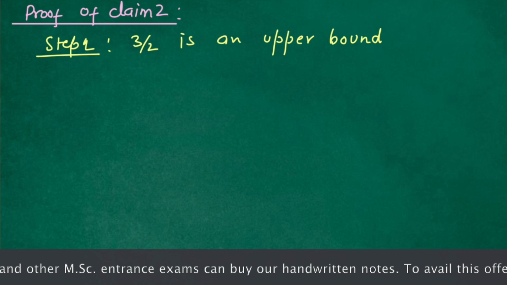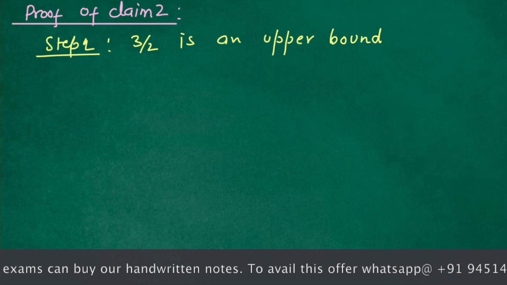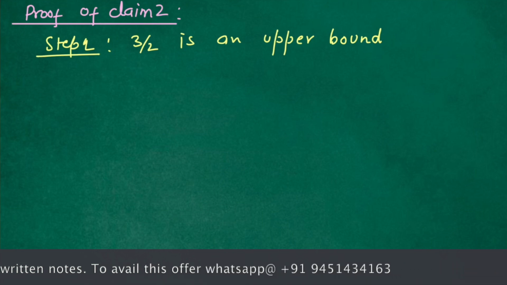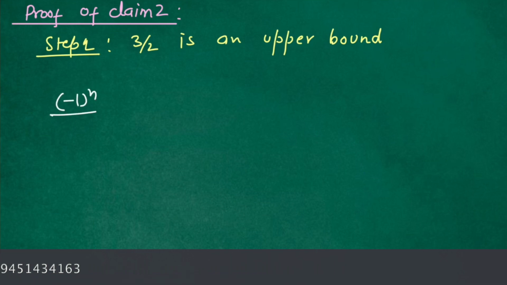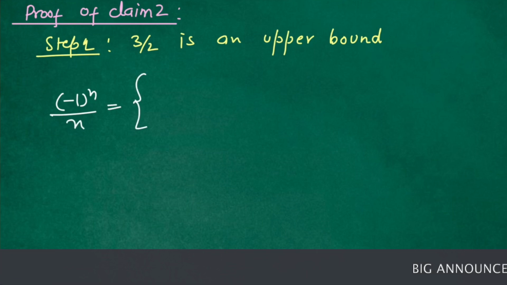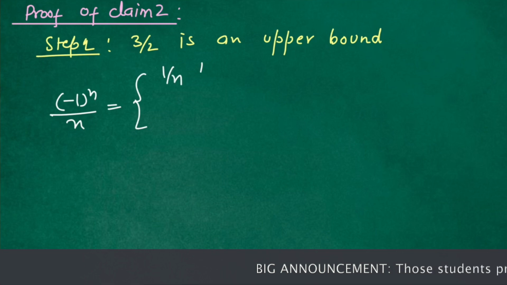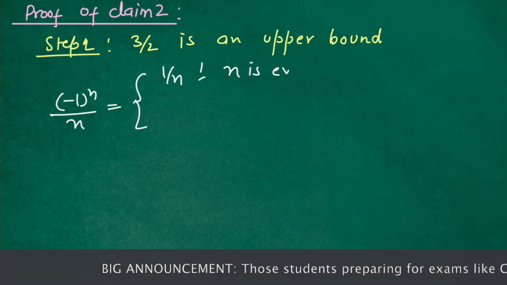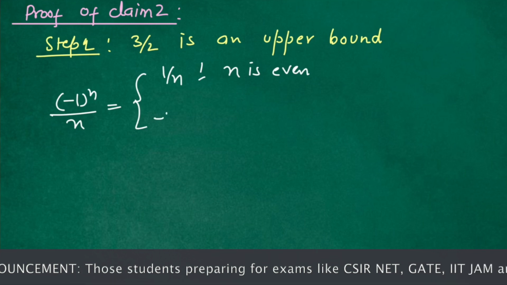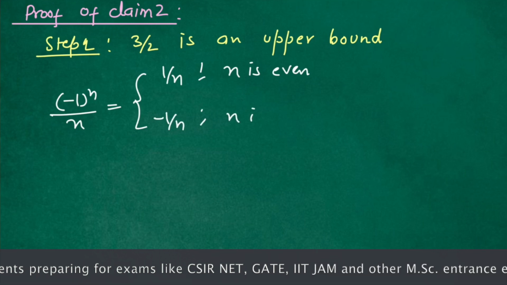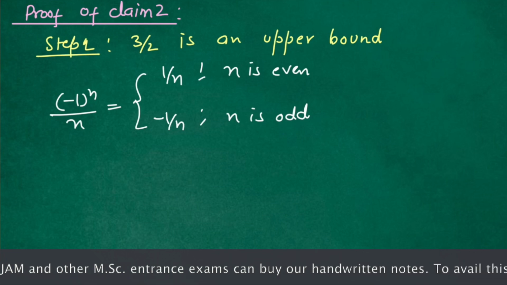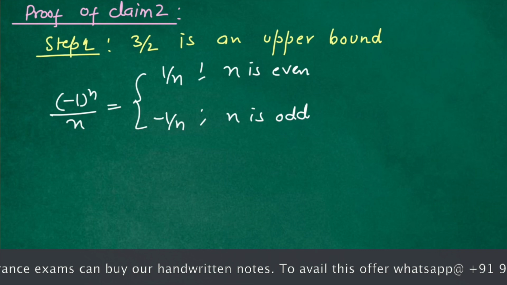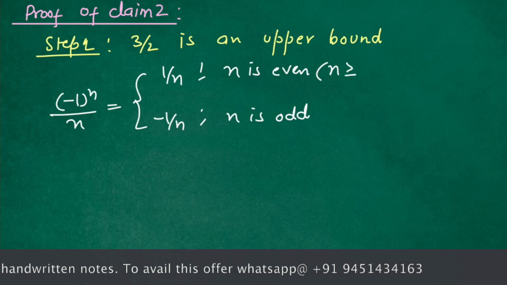This term minus 1 raised to power n over n will be 1 over n when n is even, and minus 1 over n when n is odd. Since n is even and a natural number, n will always be greater than or equal to 2.